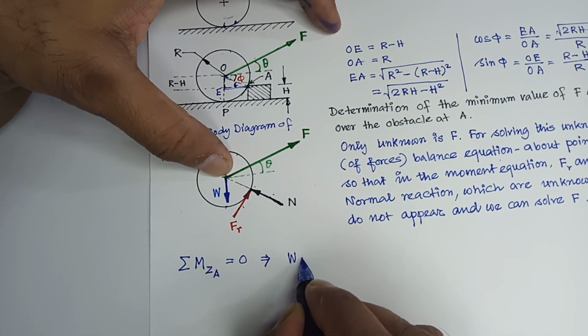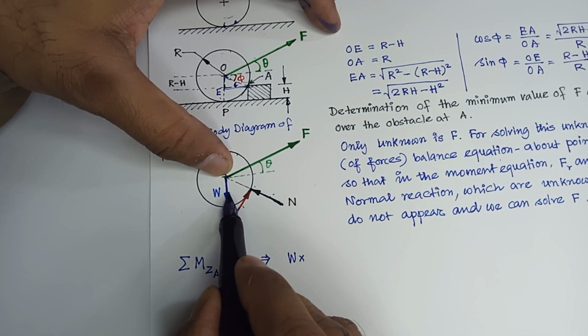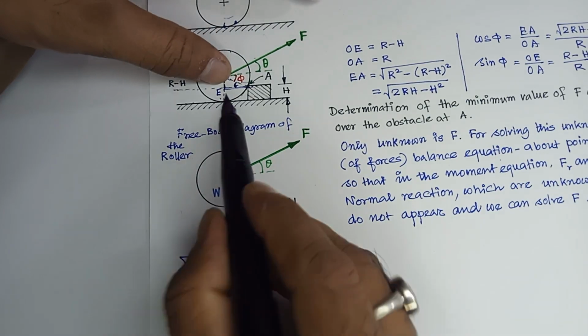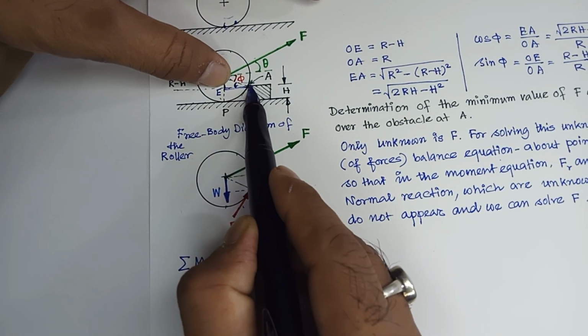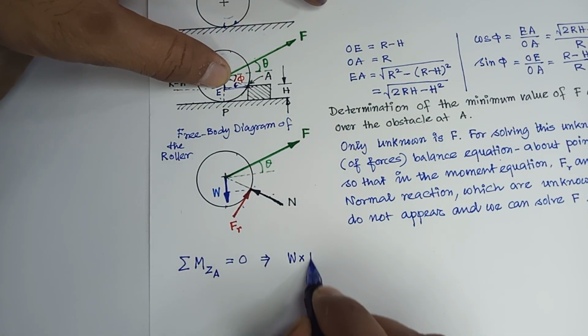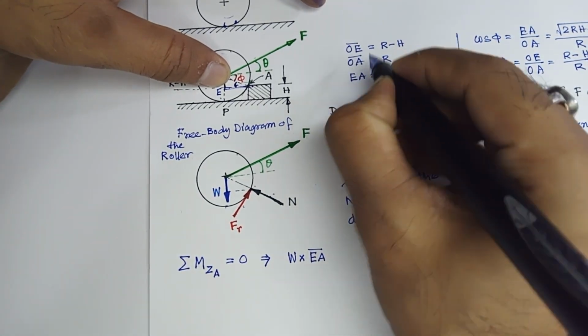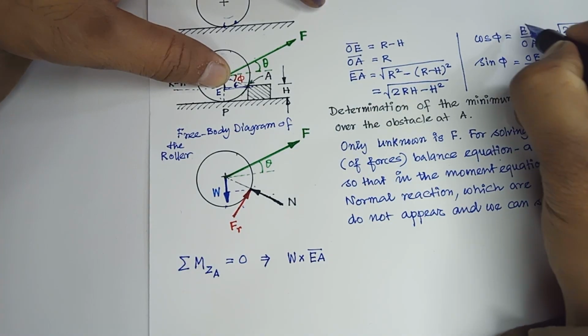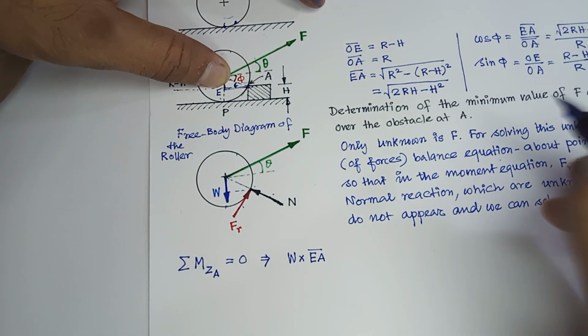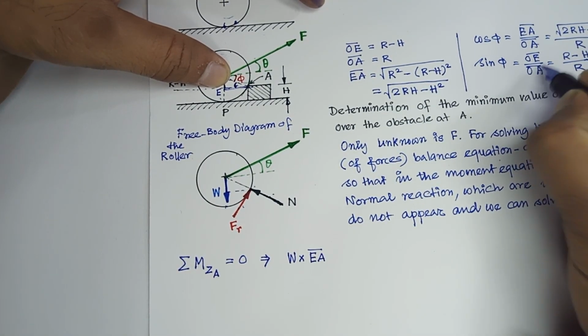So W multiplied by, what is the distance? This distance is basically EA. So W into length EA, we should write in terms of lengths.